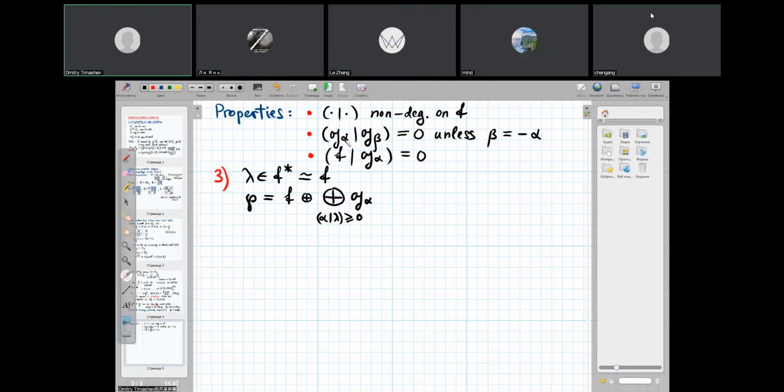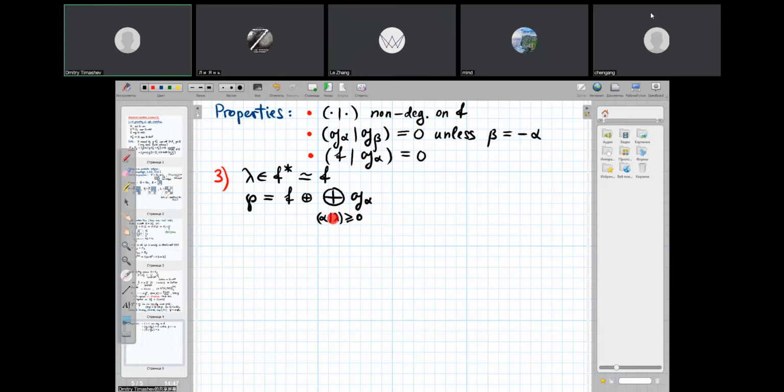The product of G alpha with itself will be zero, right? So how is it non-degenerate? Because the product of G alpha with G minus alpha is non-zero. So there is no positive definiteness? I see. Okay. This is okay, just like a symplectic form. Yes, in the same way.